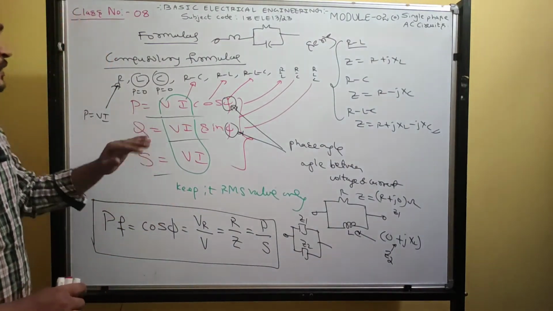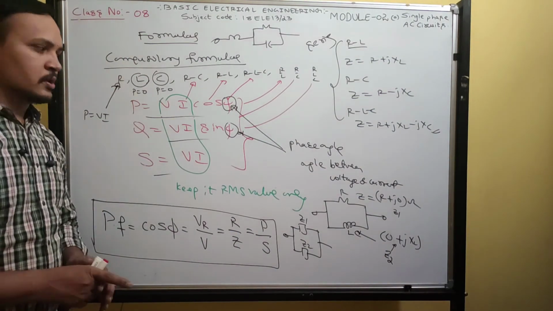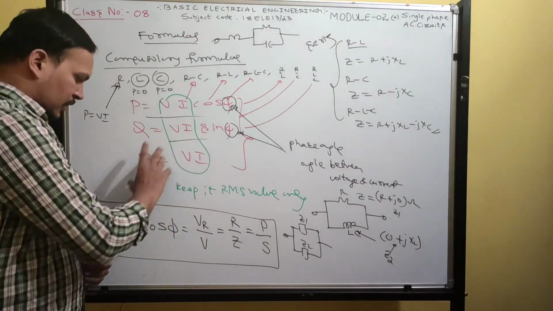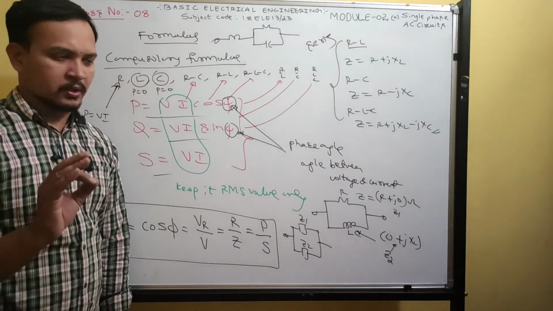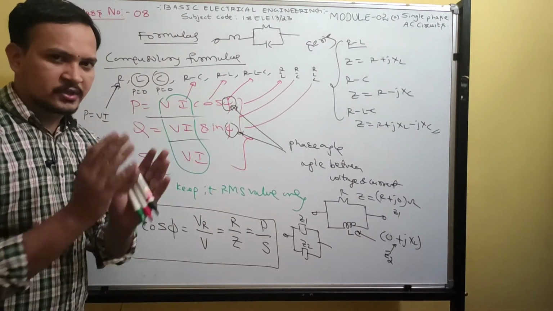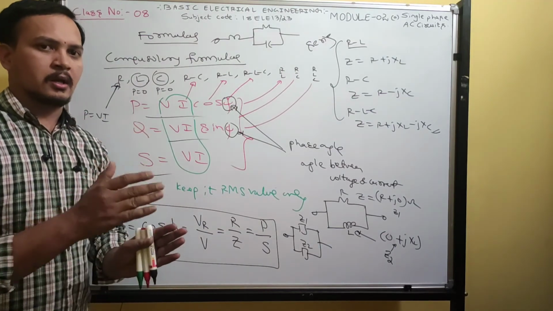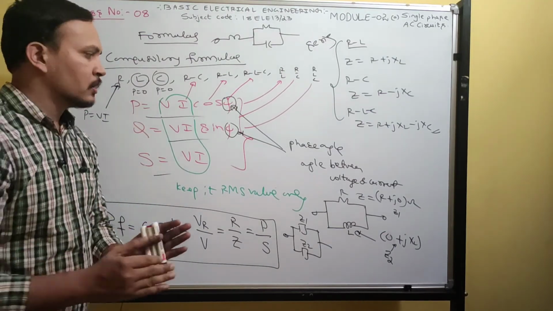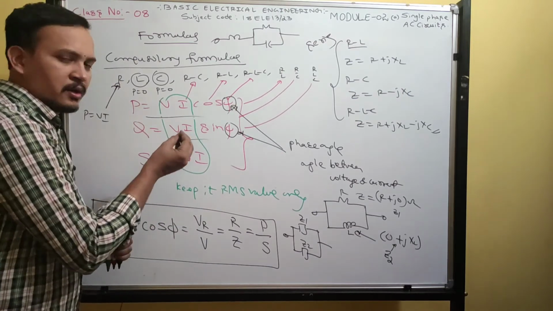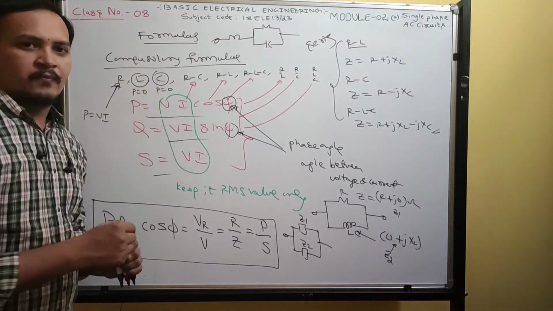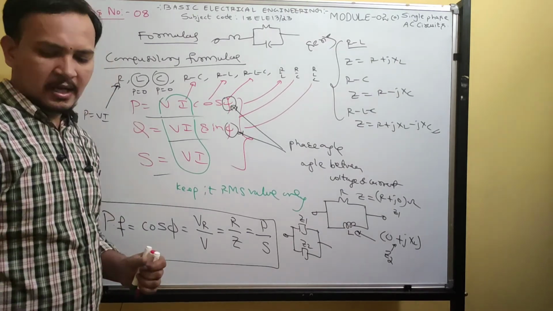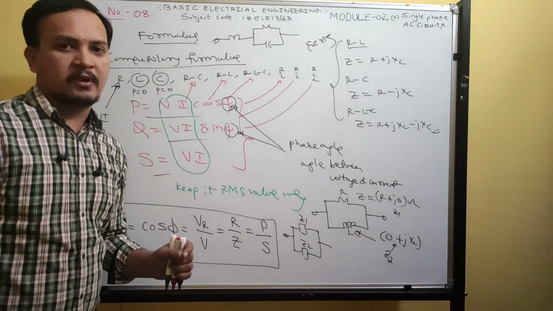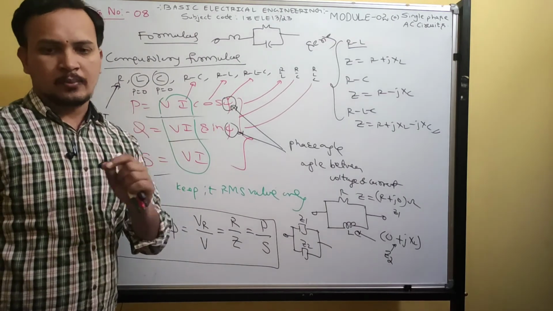Please be strong with all these equations. Whenever you are solving a problem on AC circuits, write all these formulas on the rough sheet, at the last page of the exam booklet, and keep on applying the formulas to the given data. Definitely you will get a solution. Later I will teach how to do cross verifications in solving problems.